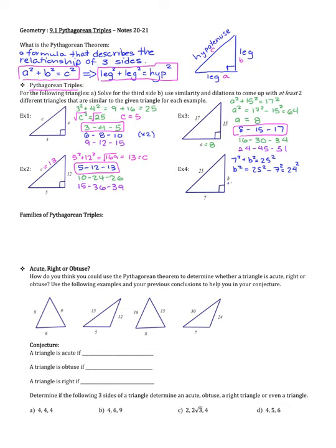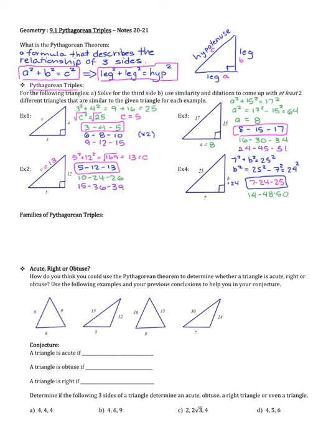So b is going to equal 24. And this family is known then as a 7, 24, 25 family. That would be sort of your parent part of it. And again, any multiple of that, so if I multiply everything by 2, that would also be a Pythagorean triple.